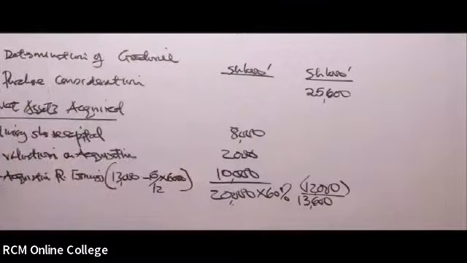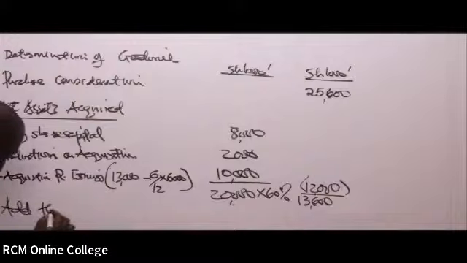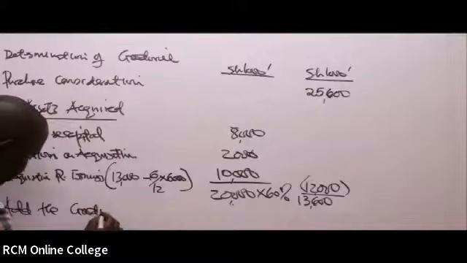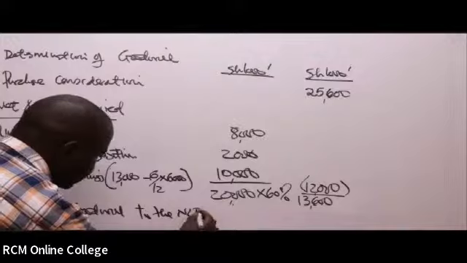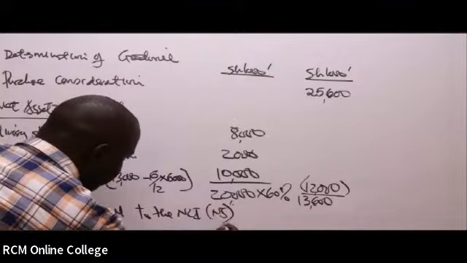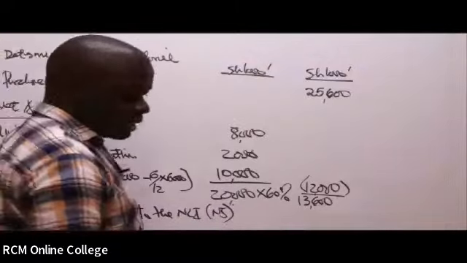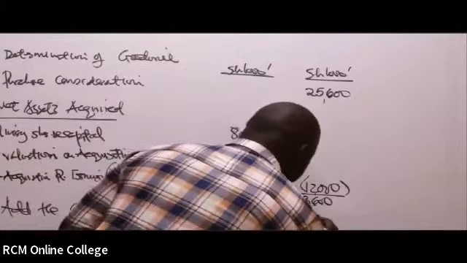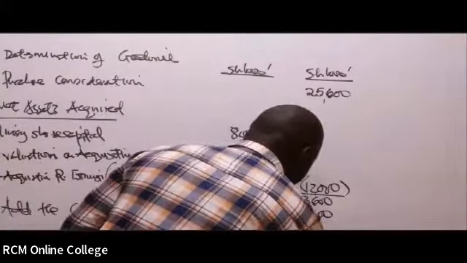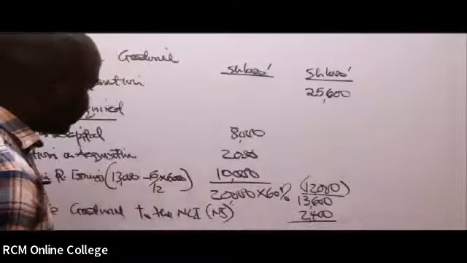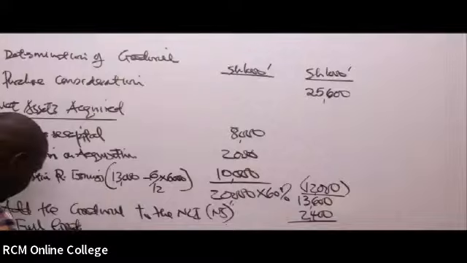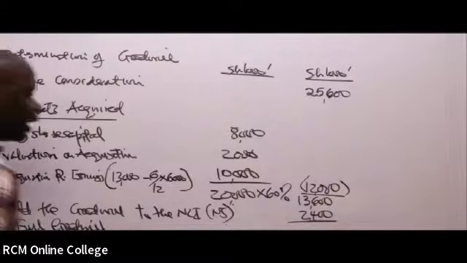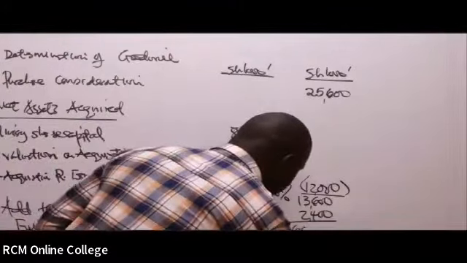But now, since we're using the full goodwill method, you'll add the goodwill to the non-controlling interest, which you've been given under note number 5, a figure of 2,400,000. Therefore, you get the full goodwill, which will be 16 million.